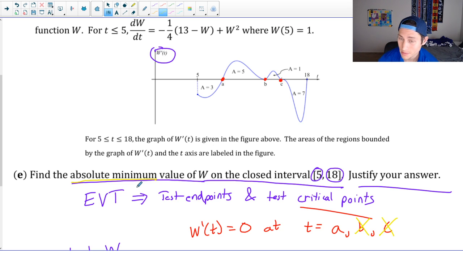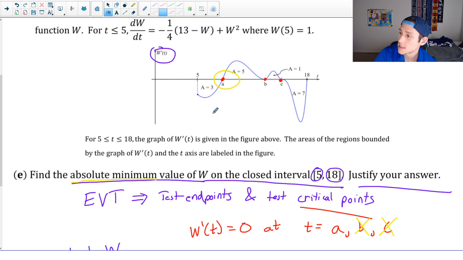Remember, minimums in general, whether a relative minimum or an absolute minimum, always go from decreasing to increasing. The function is going down, hits the minimum, and then starts going back up. So the derivative should go from negative, because a negative first derivative means decreasing, to positive, because a positive first derivative means increasing.